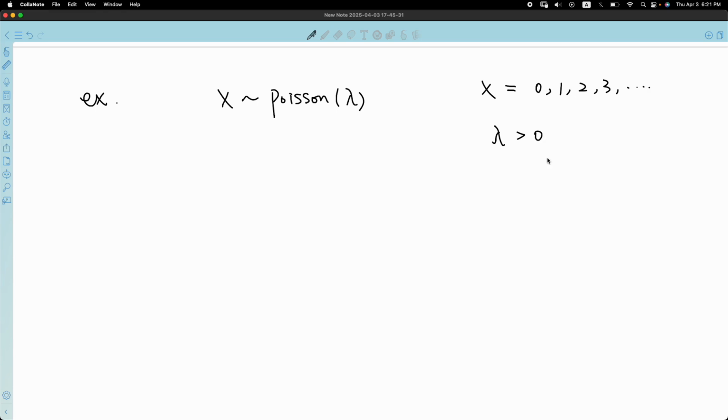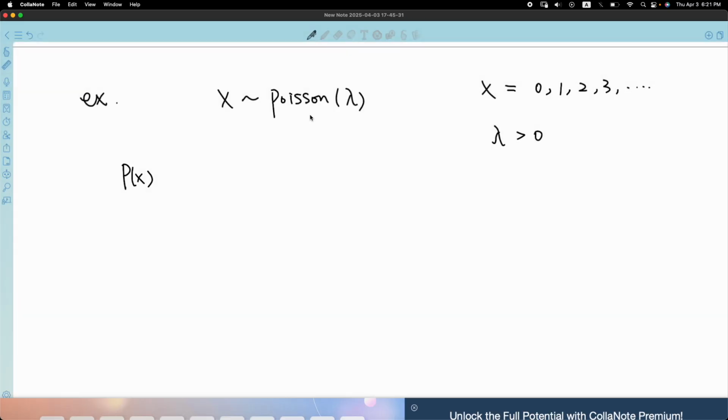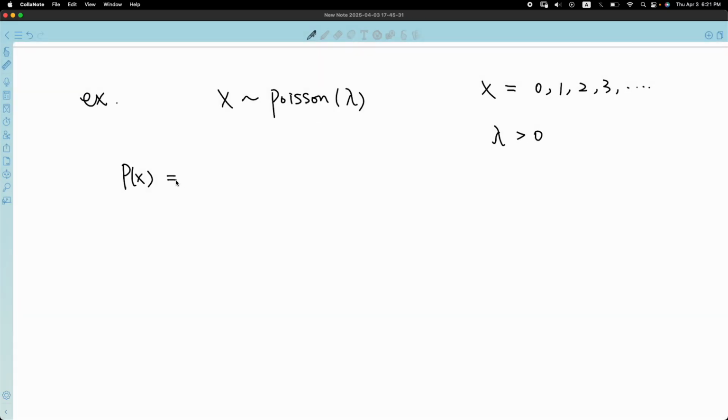Does anyone still remember the formula for the Poisson distribution? I usually just look it up or Google it.